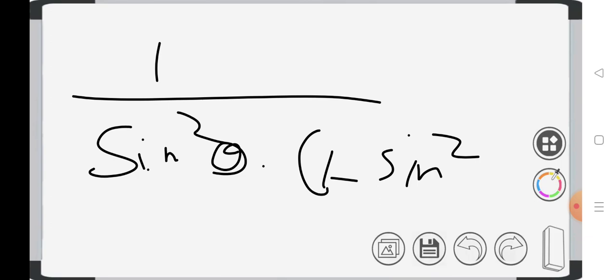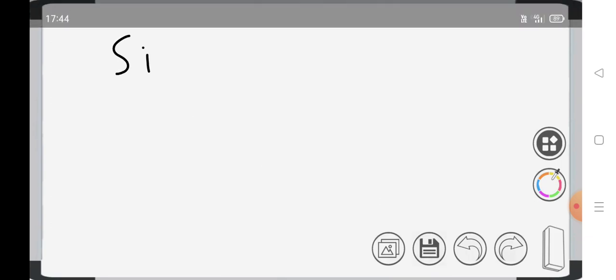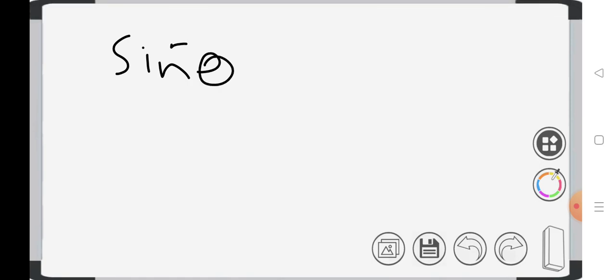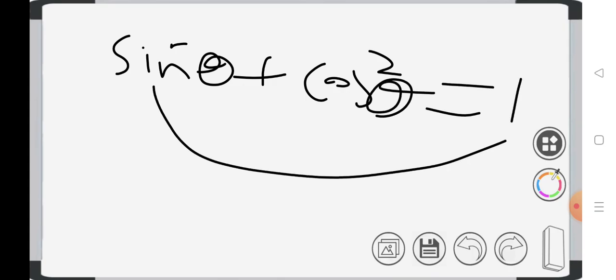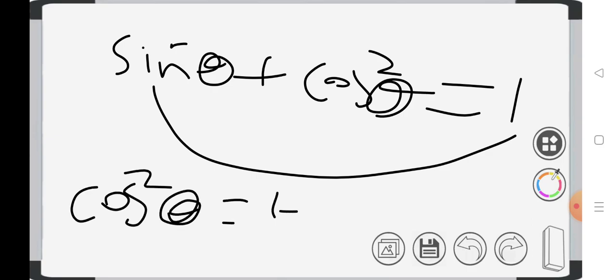According to identity number 1, sin square theta plus cos square theta is equal to 1, so cos square theta is equal to 1 minus sin square theta.